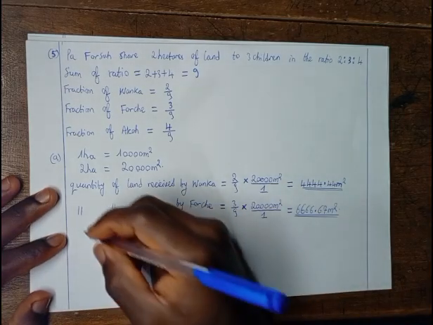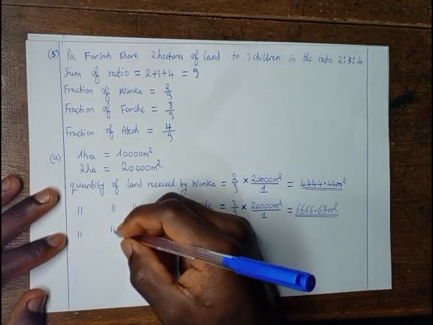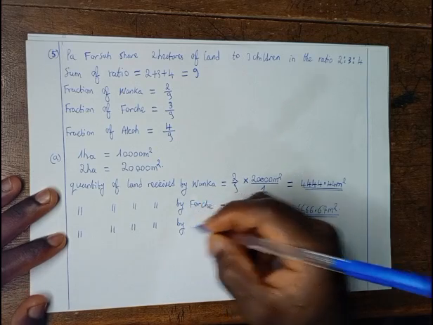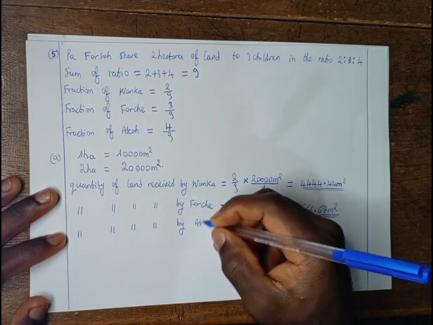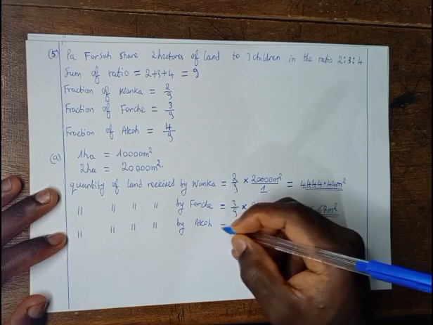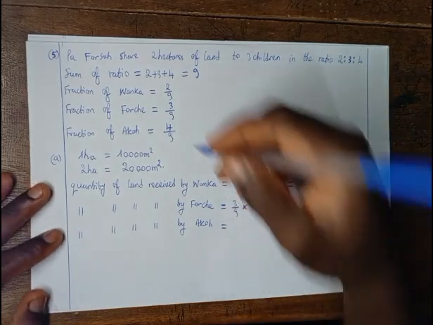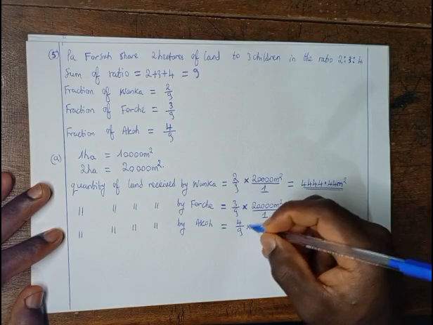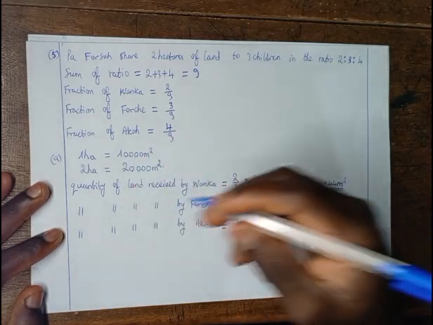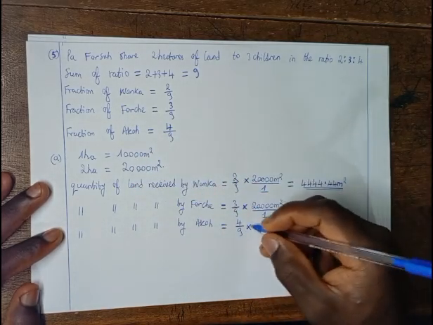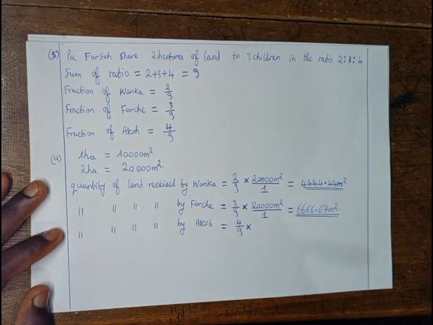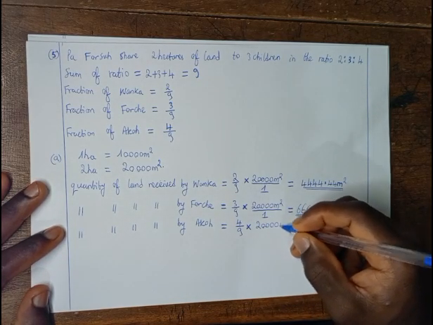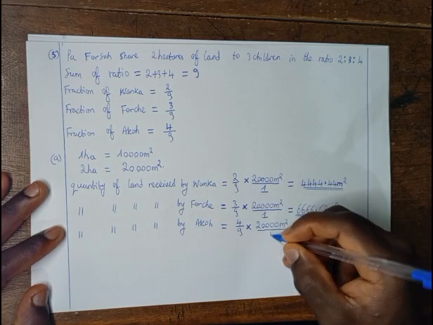Next, we need to get the quantity of land received by Ako. This will simply be equal to, we are going to take its own fraction, which is 4/9. Then we multiply it by the total land surface, which is 20,000 meters squared per 1.